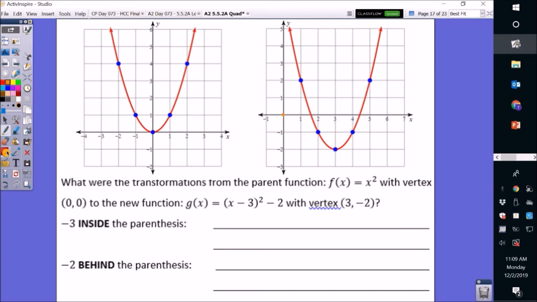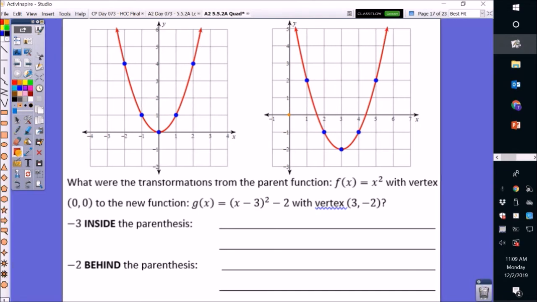So if we look closely, the change from the parent function to g of x was that from the initial vertex, it went 3 units to the right and then down 2 units.